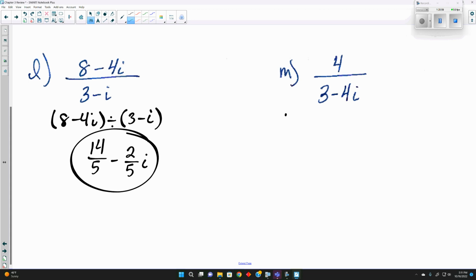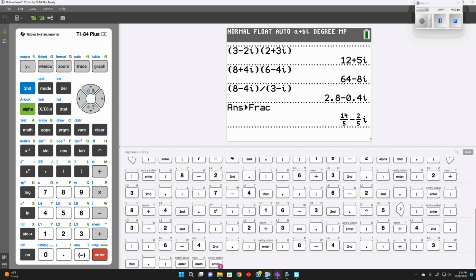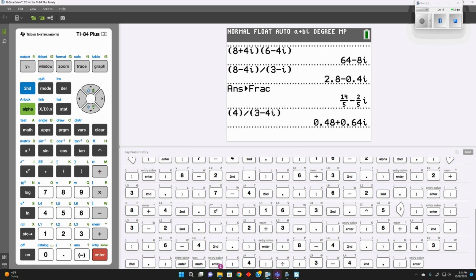And that's our final answer. Now for the next one, again, we can say 4 divided by 3 minus 4i and type that in. So we can say parentheses 4 divided by 3 minus 4 second i, enter, and it'll give us this here.